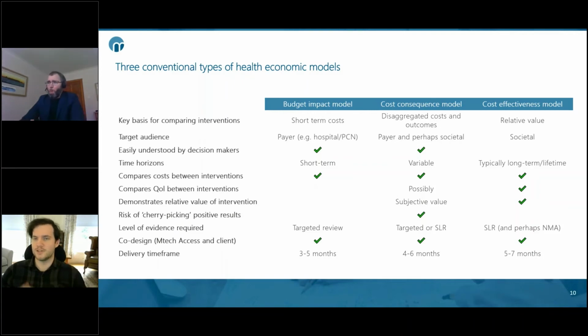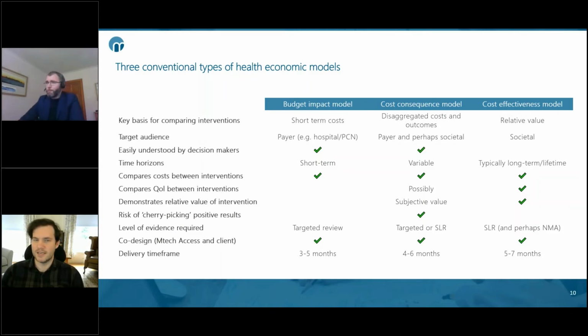You have your list of costs, your list of benefits, and if you want to look at cost and benefits there, you divide one by the other, which is why you could argue there's a risk of cherry picking positive results by choosing the smallest costs and the biggest outcomes and dividing through, whereas with cost effectiveness it's done already in that cost effectiveness metric.